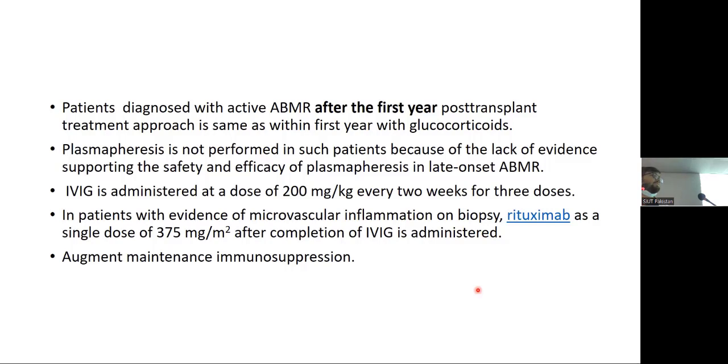Definitely, if you visit the pre-transplant OPD and that workup, if the patient is hypersensitized, or the recipient has a history of multiple transfusions or hypersensitivity reactions, then these patients are evaluated for that. Donor-specific antibodies are evaluated before transplant and kept on record.